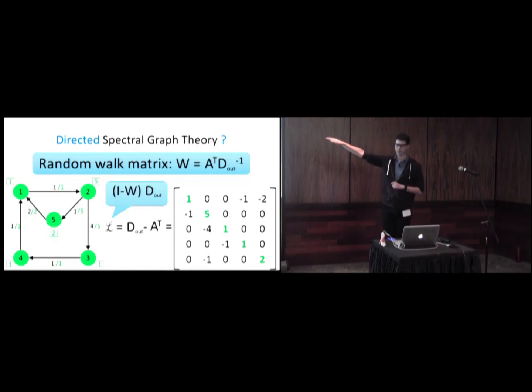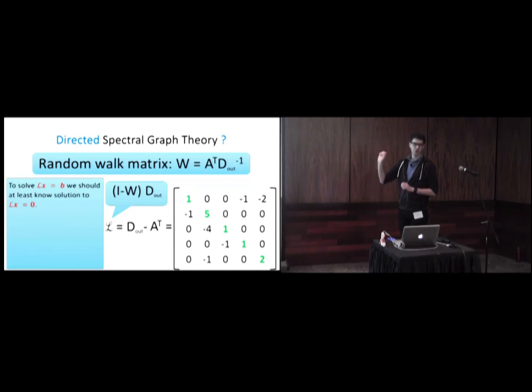So what's the name of the game? We are going to try to solve linear systems involving matrices of this form. In order to have any hope of doing that, we should at least be able to eyeball the kernel of that matrix. If we don't know the kernel, all hope is lost.